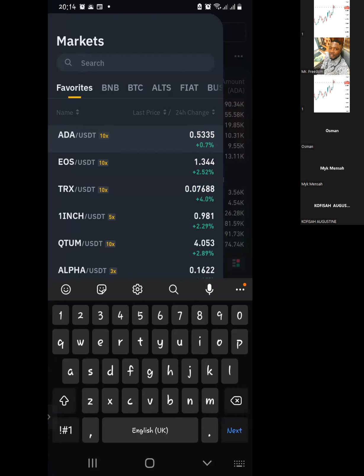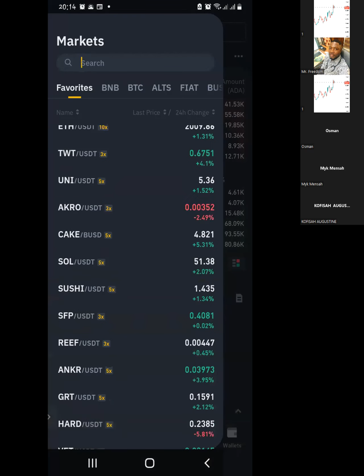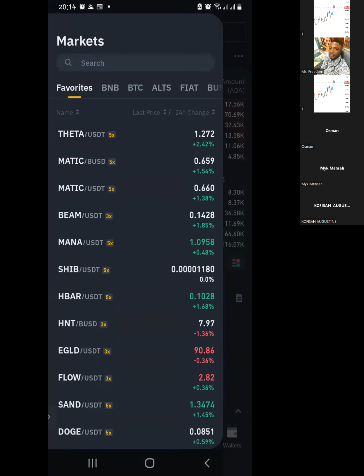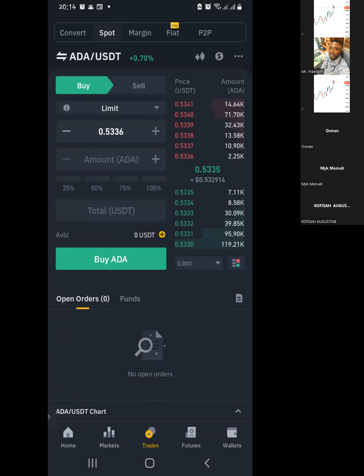And where you have the coin pair showing, when you click on it, you can search for any other token that you want to trade. So those are the two ways to access the trade window and then access the coin that you want to trade. Okay. So now we are here at the trade window.